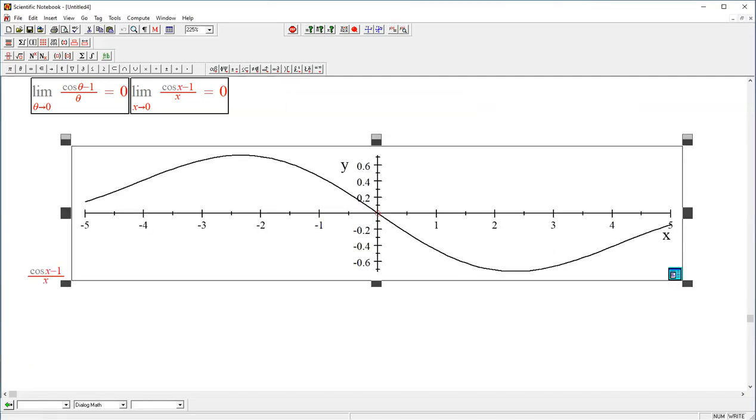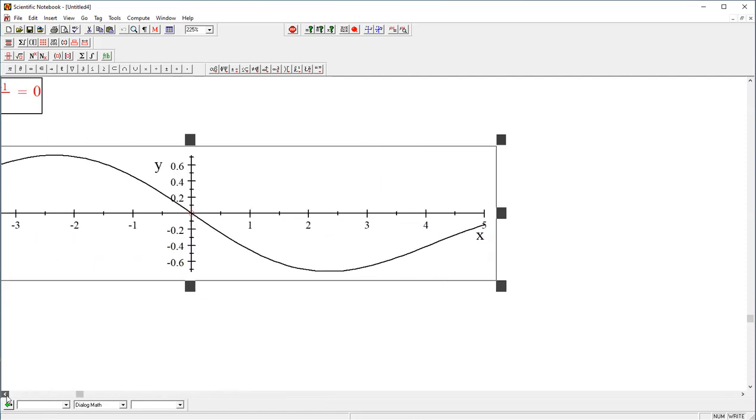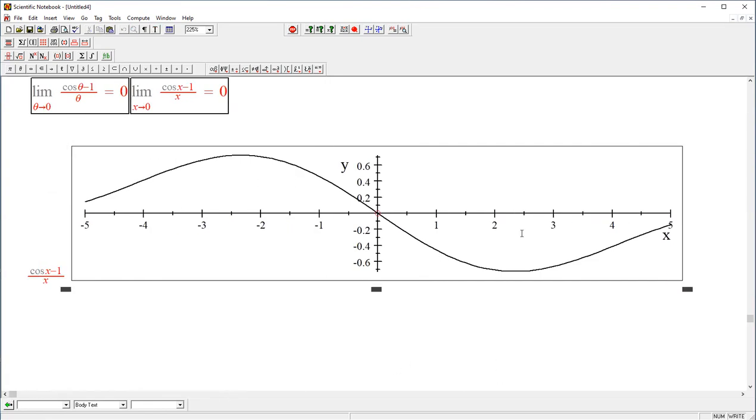It goes in both directions indefinitely, but in the neighborhood of 0, when we take limits, the limit of this function is 0.